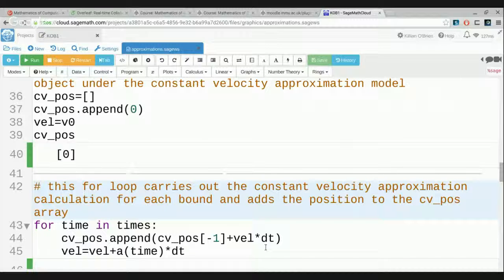So for each time period in the times vector, all the time stamps between 0 and 1.5 seconds, I add a new position, so I append to the CV position array. The CV position array, constant velocity positions, initially contains just 0. So I append something onto it, and it's the previous position, the position at the beginning of this bound, plus the bound length, dt, which is 0.05 seconds, times the velocity.